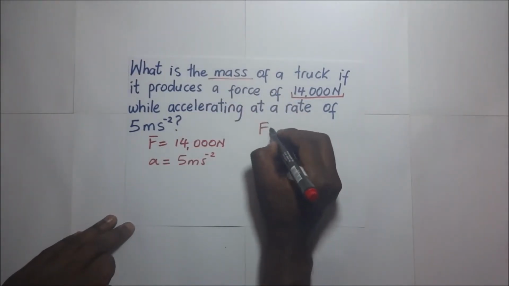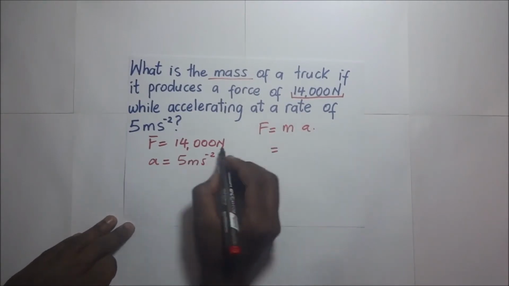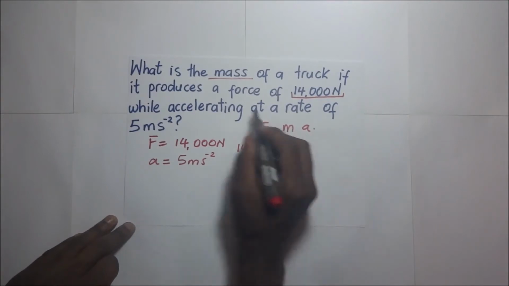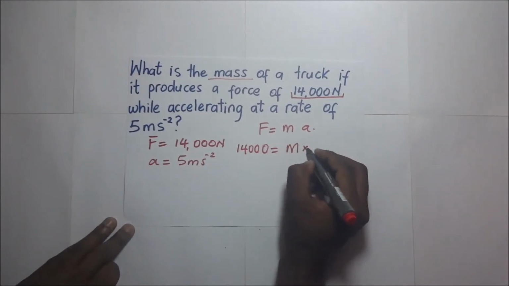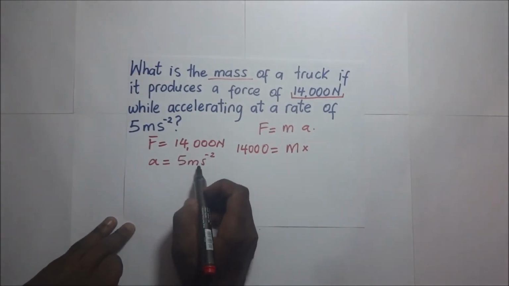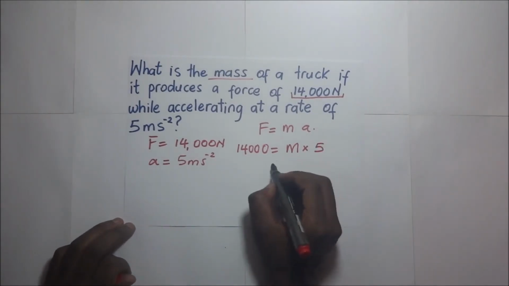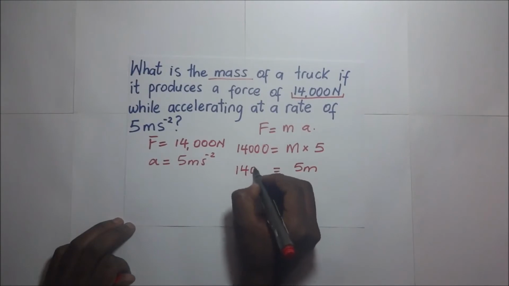Again, we shall say that force is equal to mass times acceleration. Our force here is 14,000, which is equal to m, the mass we are looking for, times our acceleration of 5 meters per second squared. So this becomes 5m is equal to 14,000.